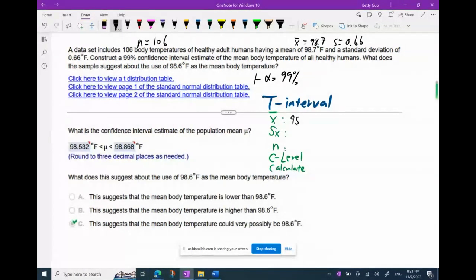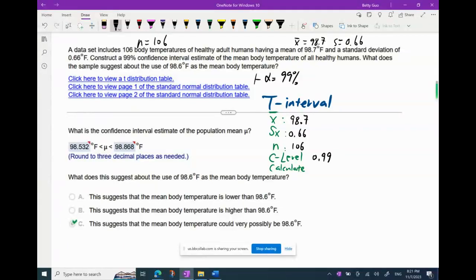Okay, 98.7. S sub x, 0.66. n equals 106. They're all given, right? Yes, C level is also given, 99%. But you don't enter 99%, you enter a decimal, 0.99.